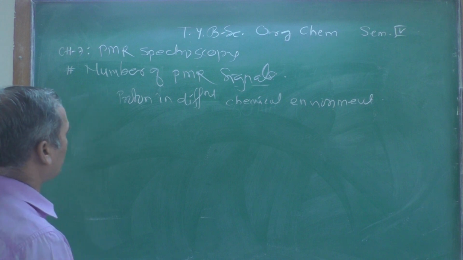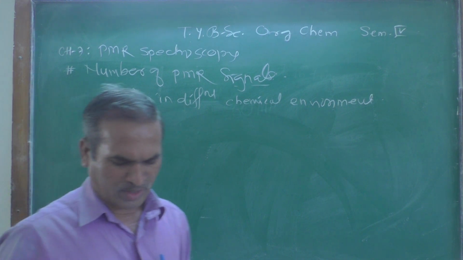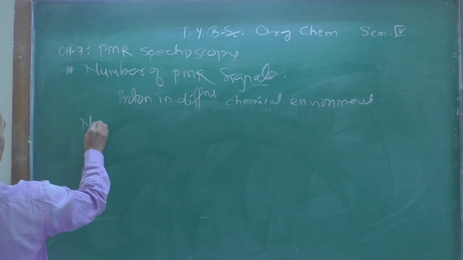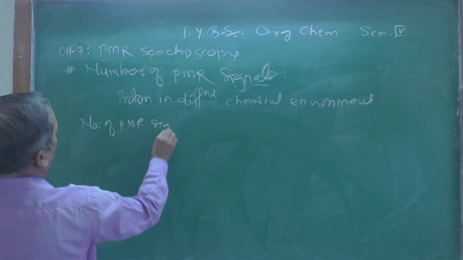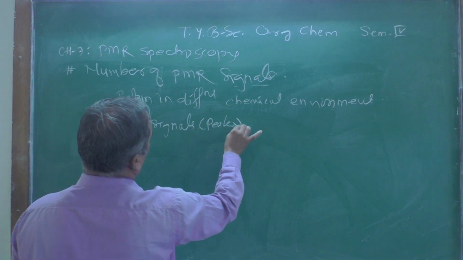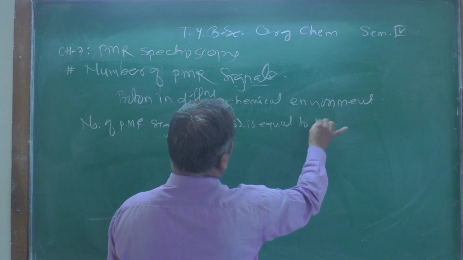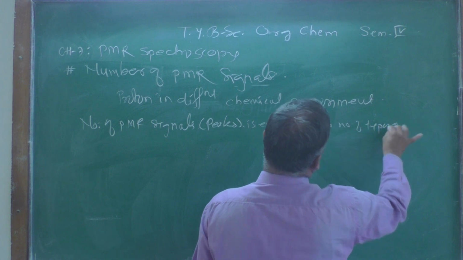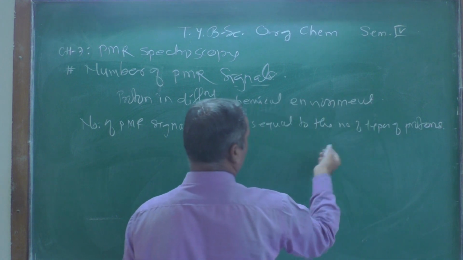This is a very, very important point which I am going to make over here. The number of PMR signals, or peaks, is equal to the number of types of protons in the molecule.